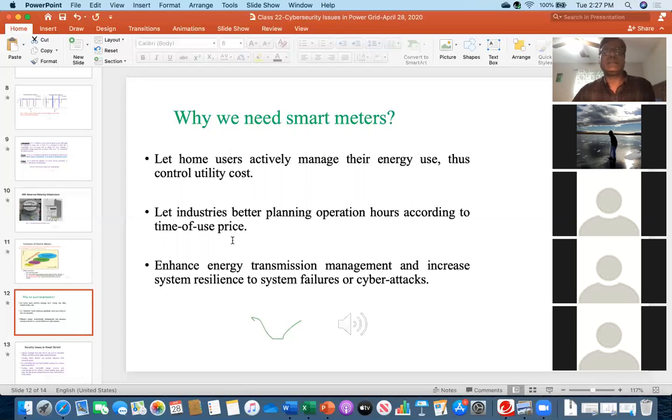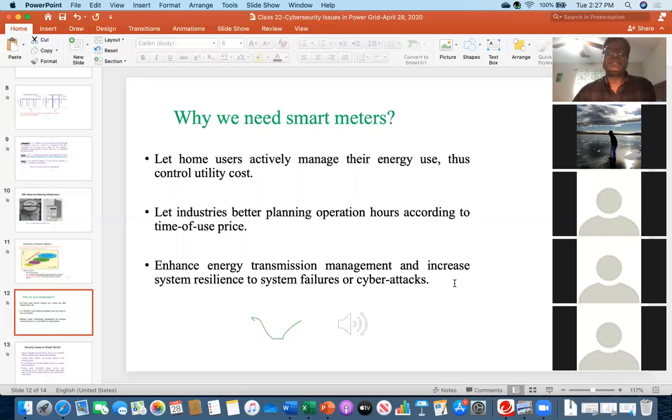What is the price now? What is the price in the next 2 hours? What is the price in 5 hours? Based on that, they can properly schedule their loads, so the industry has much better regulation and operation planning in their system. And overall, smart meters can enhance energy transmission management and also increase system resilience to system failures or cyber attacks.